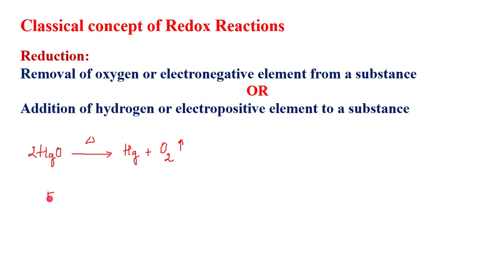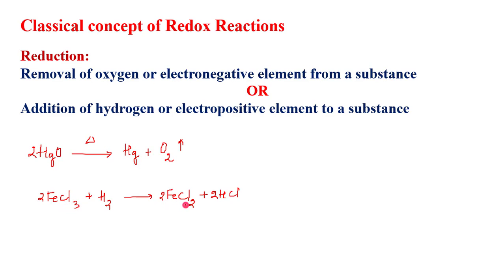Say ferric chloride, FeCl3. When you treat it with hydrogen gas, it converts itself into ferrous chloride, forming HCl. So what we can find here is chlorine is electronegative element. So 3 chloride ions were there.